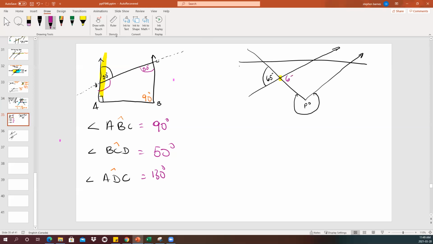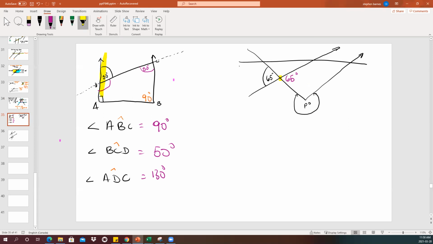Agree with that? Okay. It doesn't look like it's the same size, but remember, when you see these on the exam paper, it's going to say not drawn to scale, and that's for a reason, because the angles may not necessarily look like what you think they are. There may be an angle that doesn't look like 90 degrees, but it is 90 degrees, and that's why they say it's not drawn to scale, right? So this is 60 degrees, 65, sorry.